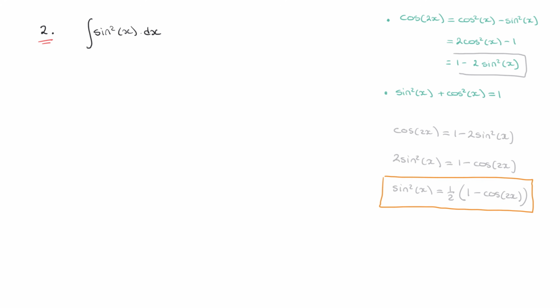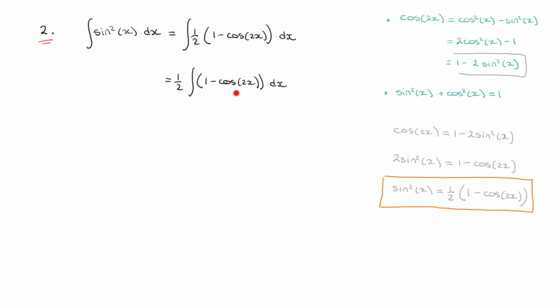Using this result, we can go ahead and rewrite our integral as the integral of 1/2 times, in parentheses, 1 minus cosine of 2x. Okay, now I'll take this factor of 1/2 outside of the integral, so that this equals 1/2 of the integral of 1 minus cosine of 2x.